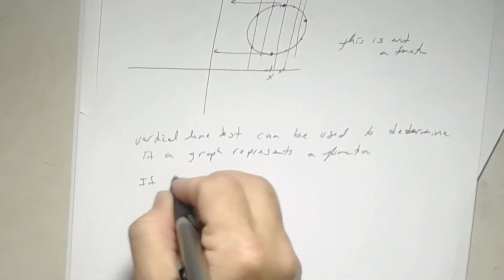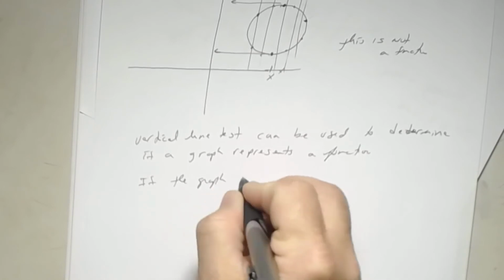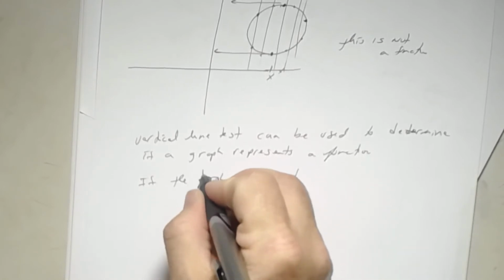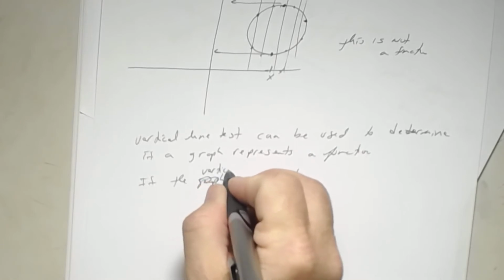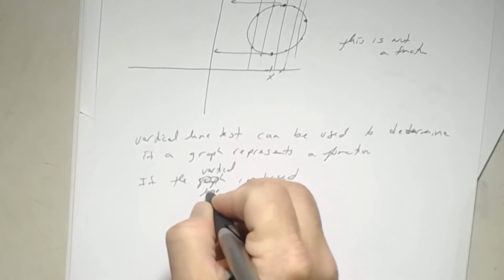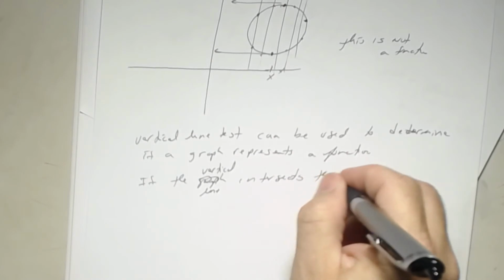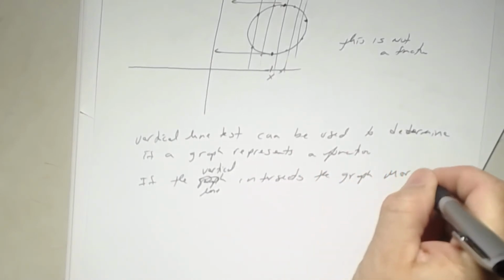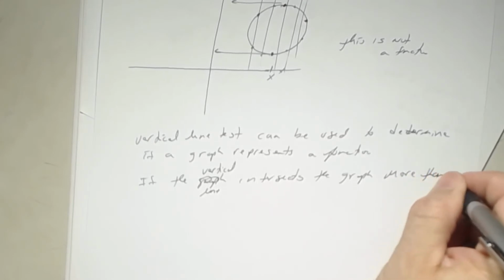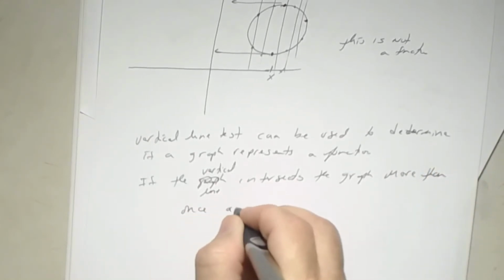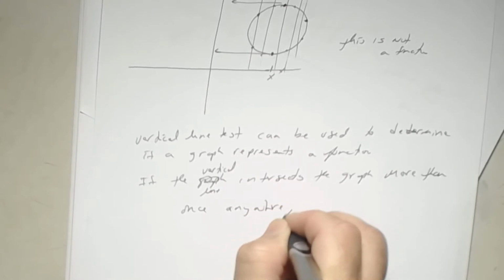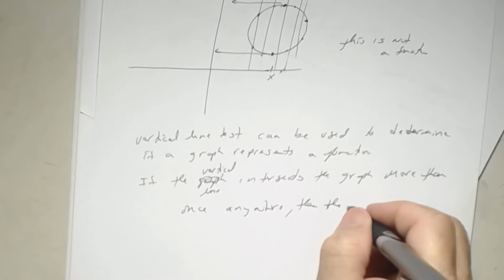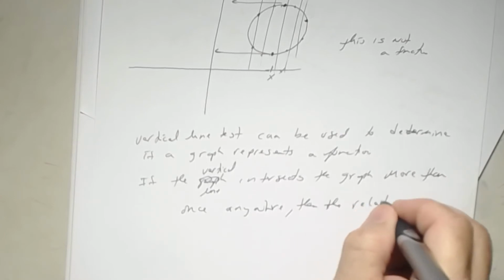If the vertical line intersects the graph more than once, anywhere, then it's not a function. Then the graph is not a function. I'm going to use the word relation: then the relation is not a function.